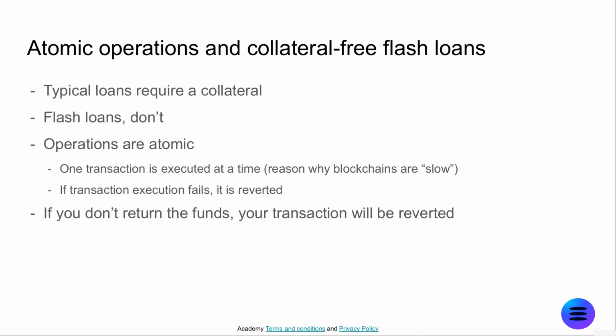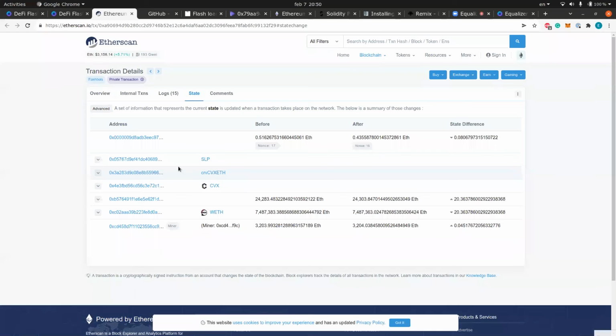So now to recap what atomic operations are and to understand why flash loans are collateral free. When you borrow a flash loan, you don't need to provide any collateral because everything happens in one transaction. As we see in this step, we start from one state, end with another state, and this is why we call these operations atomic.